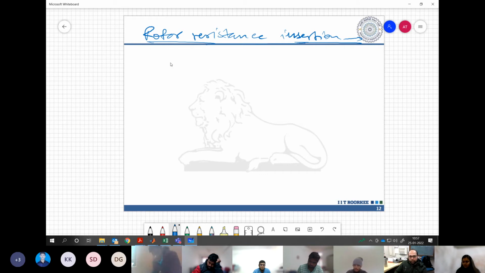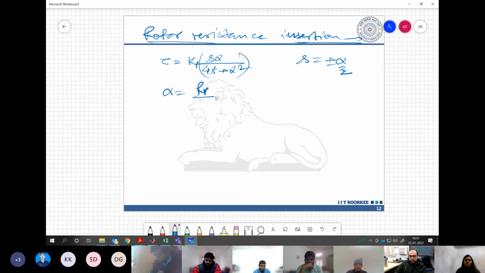So we basically have the torque expression coming as kT s alpha by 4s square plus alpha square. This is what the expression is, and we are seeing that the maximum torque is occurring at this. Now alpha is nothing but the effective rotor resistance divided by the rotor reactance. Now let us say we are inserting some resistance in the rotor.